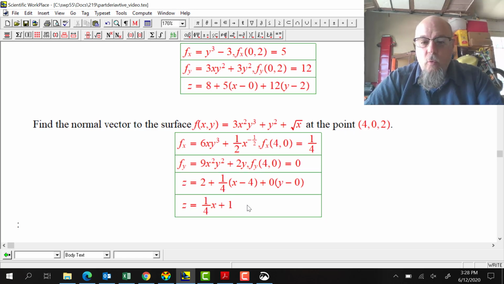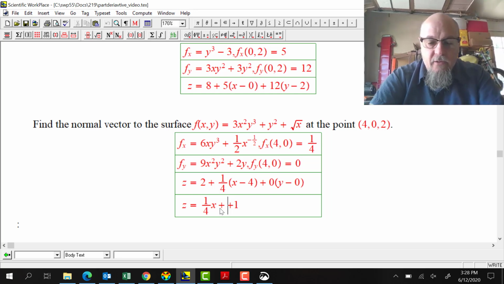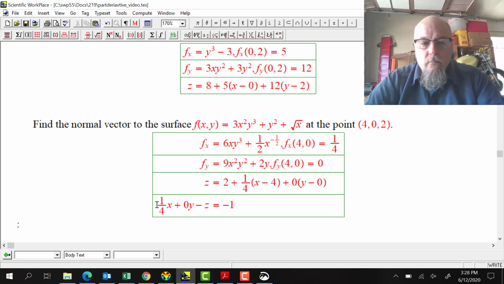And I want to write it in the form where I want it to be ax plus by plus cz equals d. So here's ax plus by plus cz equals d.